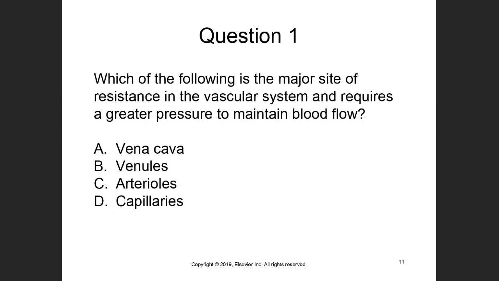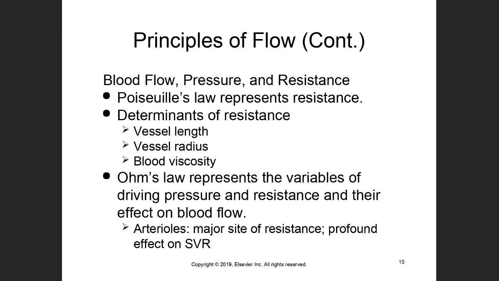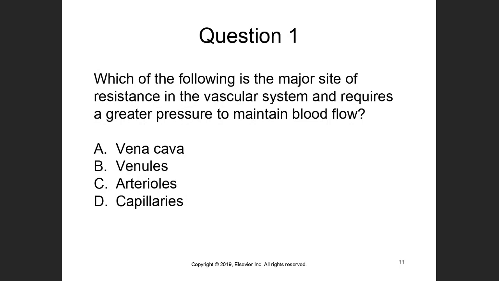Right here it is the arterioles. Listen, I'm going to explain this. For your test you may not need to know this, but in medicine in general you have to know this.